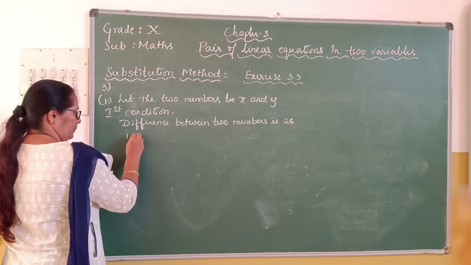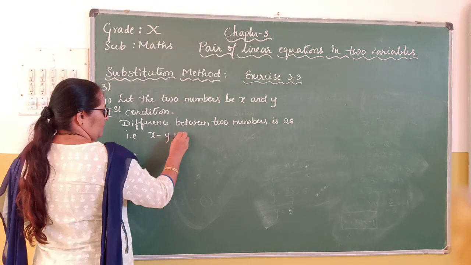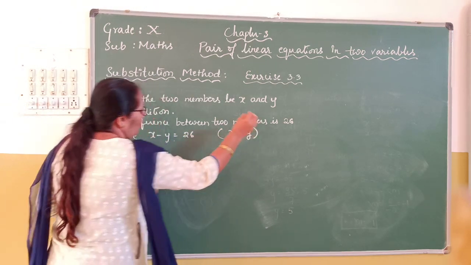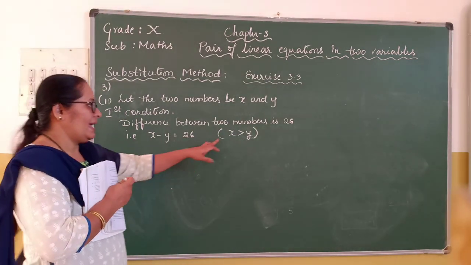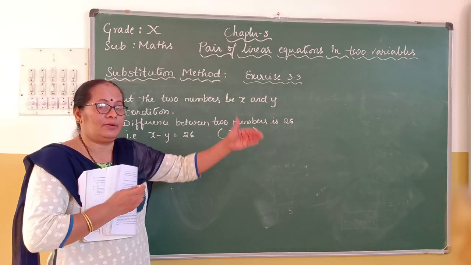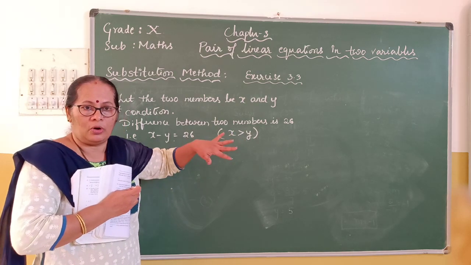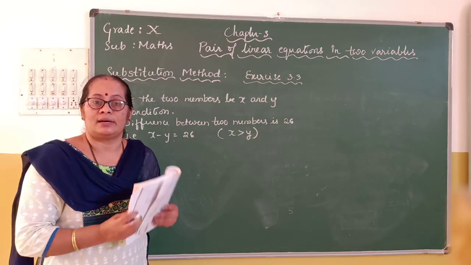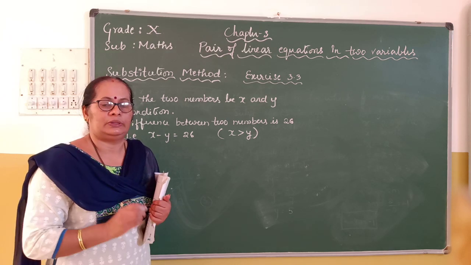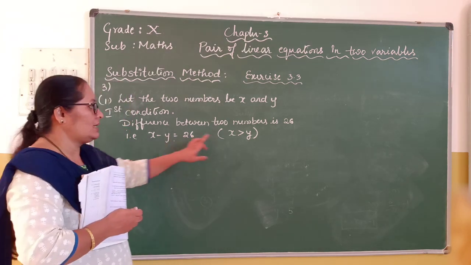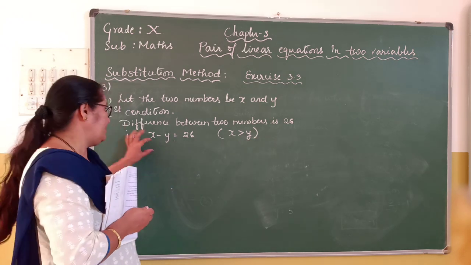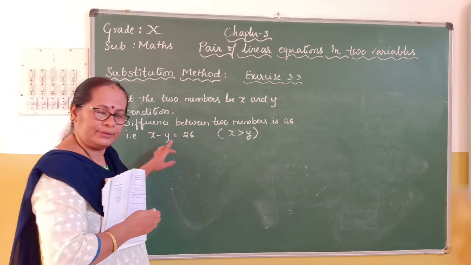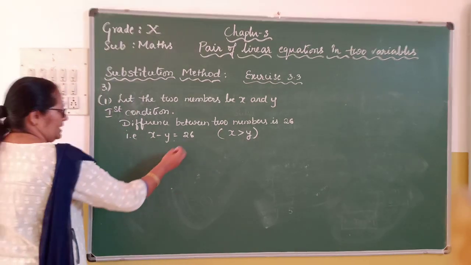That is x minus y equals 26. Here you have to take x greater than y. If you take x greater than y, then only you can write the second equation accordingly. That is x equals 3 times the other. That is x equals 3y. That's why I told you x should be greater than y. That means x is the larger one compared to y. Understood? Okay.